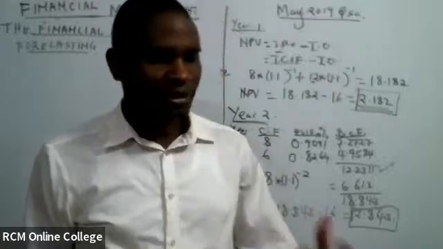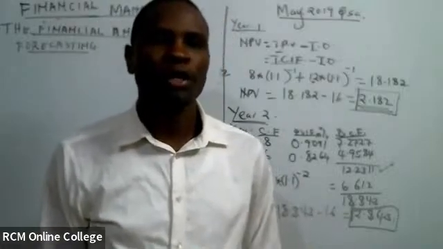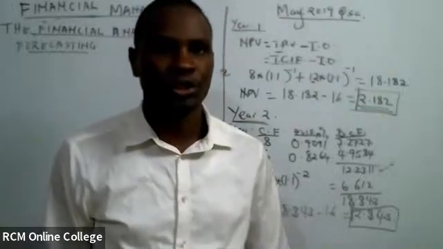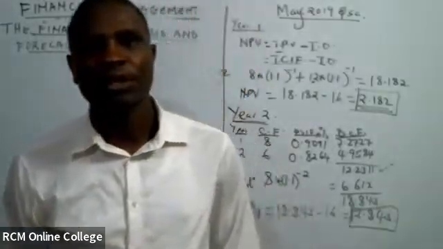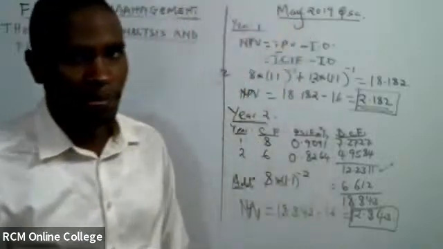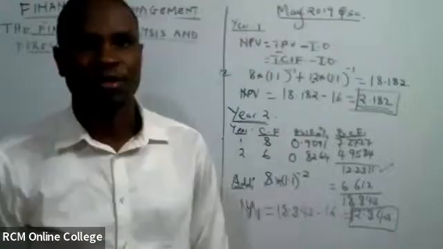Class, as you know, we have several components of financial statements, namely the income statement, balance sheet, statement of cash flow. We also have the statement of changes in equity, and the notes to the financial statements.